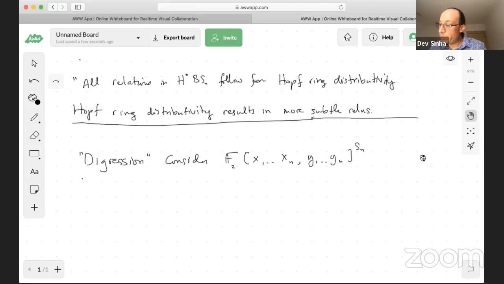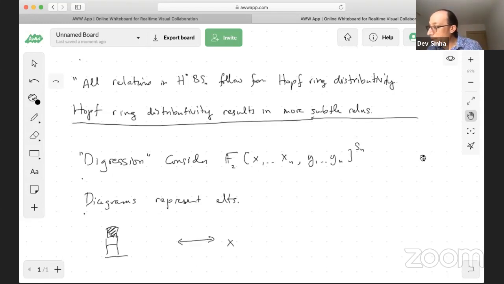So what I'm going to do is use, as we just had those skyline diagrams, diagrams here to represent such elements. Let me just give you a couple examples. This is going to represent the symmetric polynomial x1 squared y1 plus x2 squared y2.